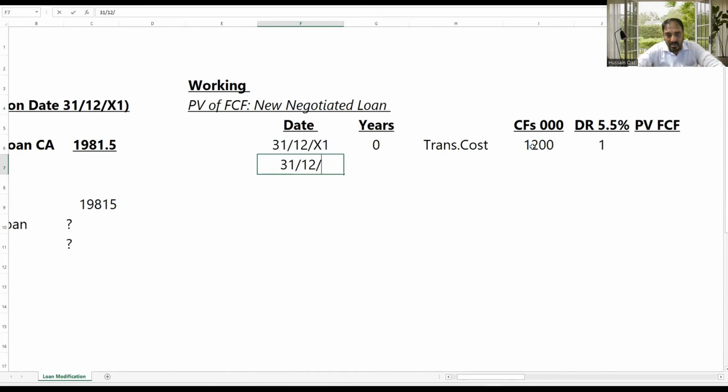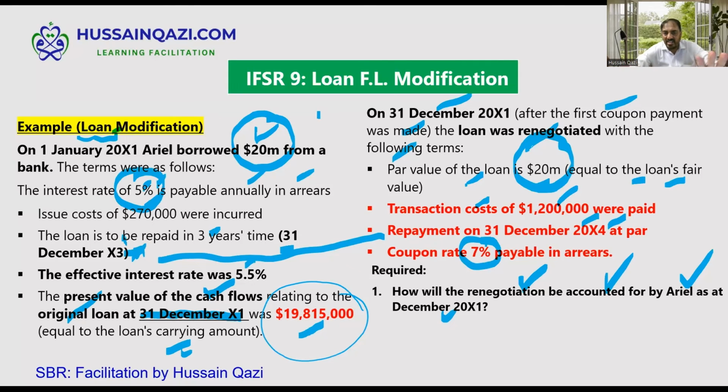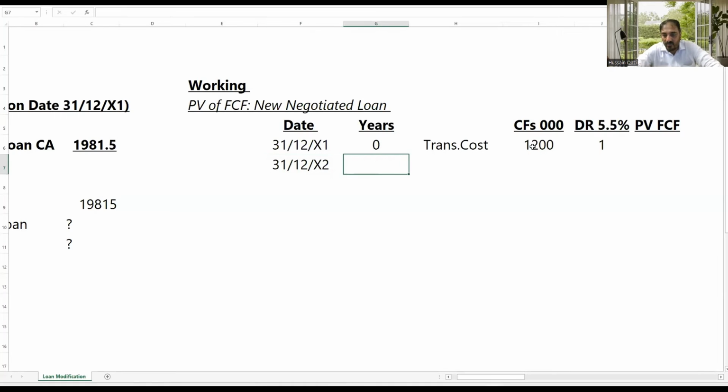Then 31st December X2. How much is the remaining time from 31st December X1? 31st December X1 is now, then 2, 3, and 4. Remaining time periods is 3. 1, 2, 3. That is the point.